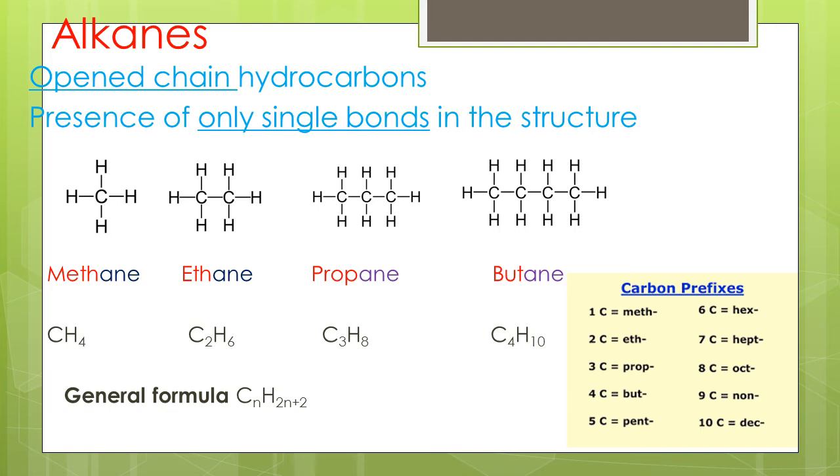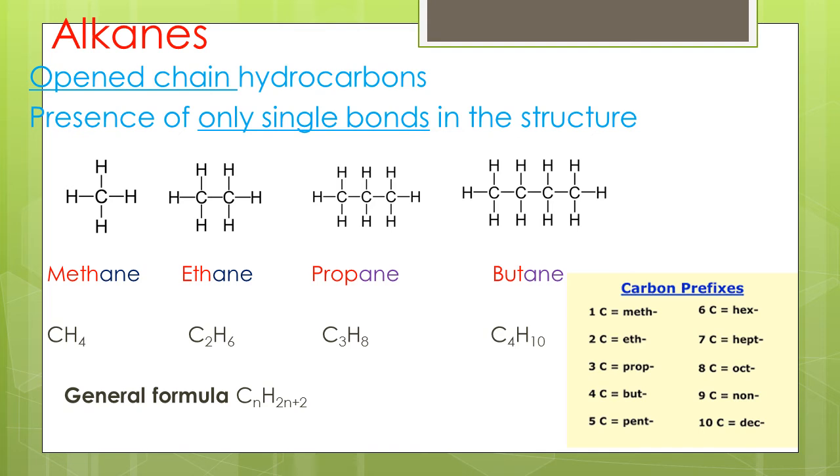For 4 carbon atoms, it is but. For 5 carbon atoms, pent. For 6, it is hex. For 7, hept. 8, oct. 9, non. And for 10 carbon atoms in the structure of hydrocarbons, the prefix is dec.